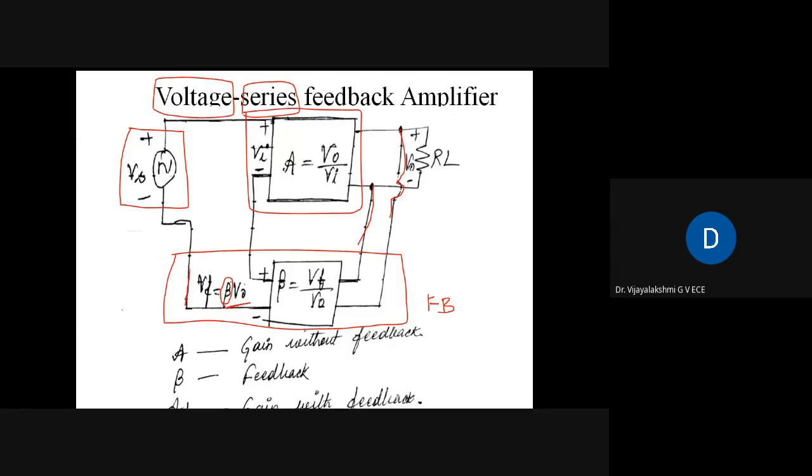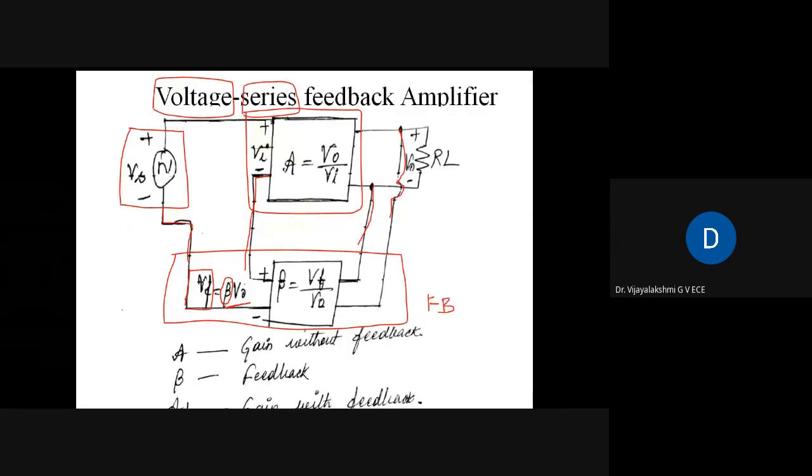VF stands for the feedback voltage. And how much feedback voltage are you giving to the input? Beta times V0. And this feedback voltage is connected in series with the input. So this connection here indicates that it is a series connection. Okay, so that's why it is voltage series.